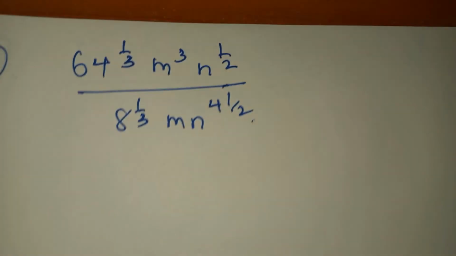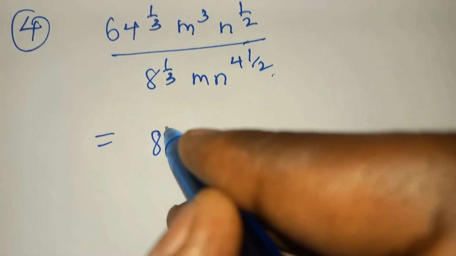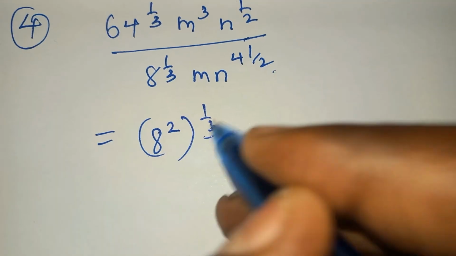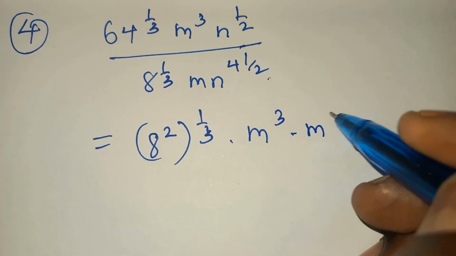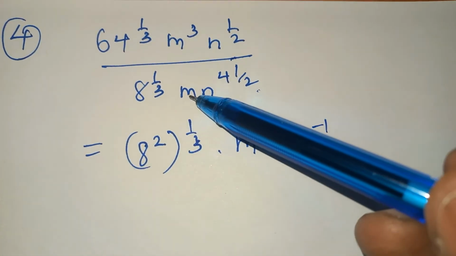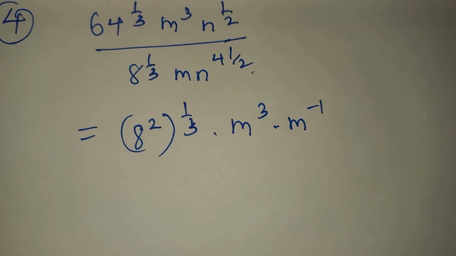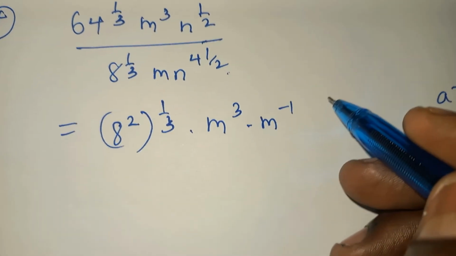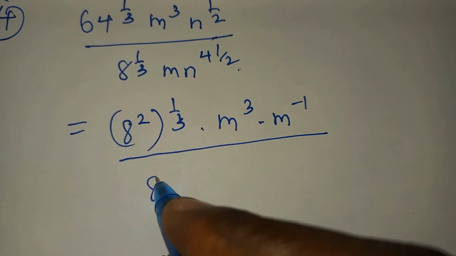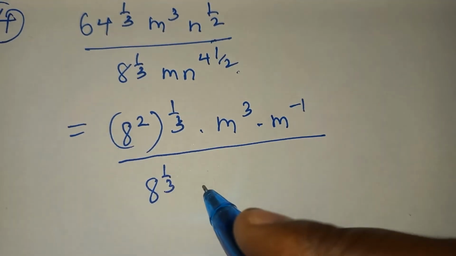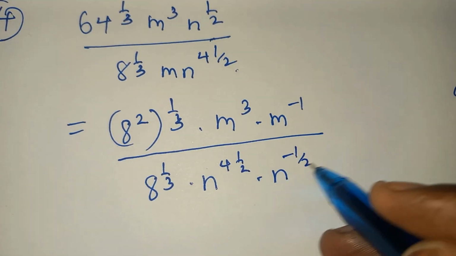So we could write this as 8 squared raised to the power 1/3 multiplied by m cubed times m raised to the power minus 1, in which case I have taken m upstairs using the negative index rule. And then downstairs, we are going to have 8 raised to the power 1/3 times n raised to the power 4 and a half times n raised to the power minus a half.